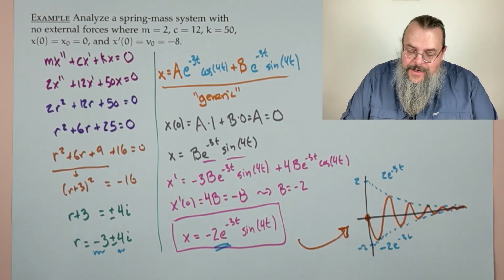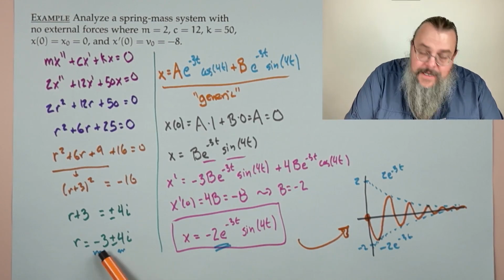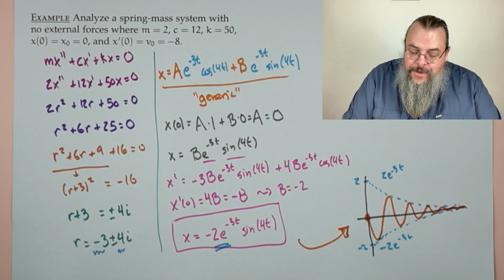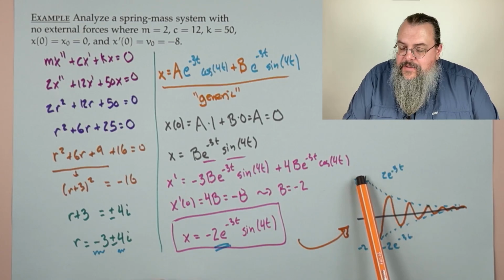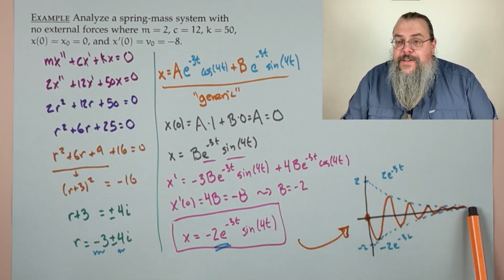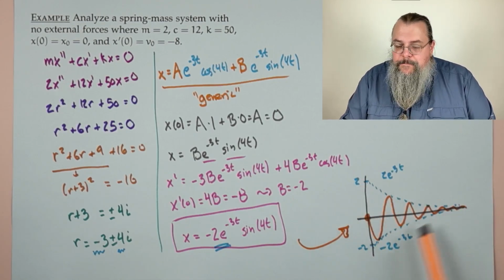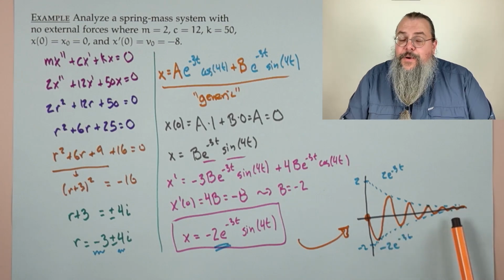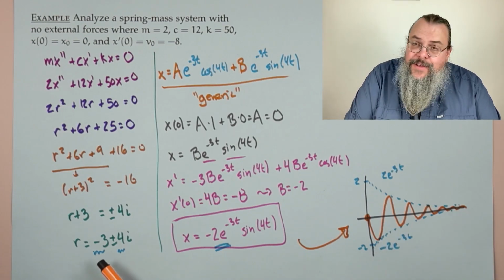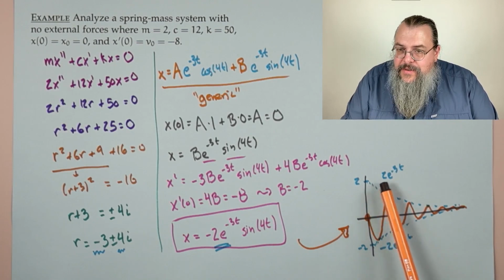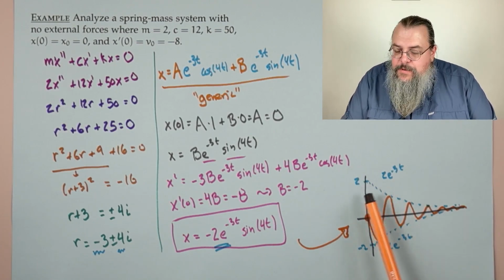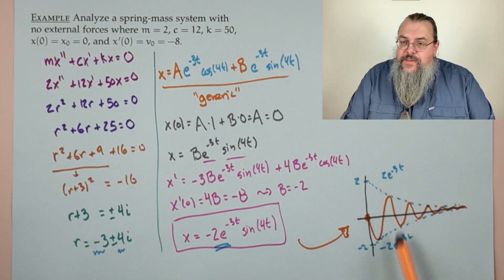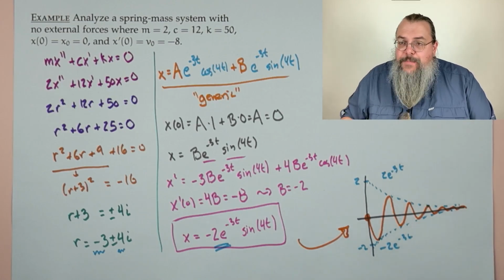Now, I mentioned before, you want to have a negative here. Why? By having a negative here, it's going to go down. Exponential decay. What would happen if you had a positive there? Well, then instead of decaying, it would be growing. So the sine curve would be going way up and down.